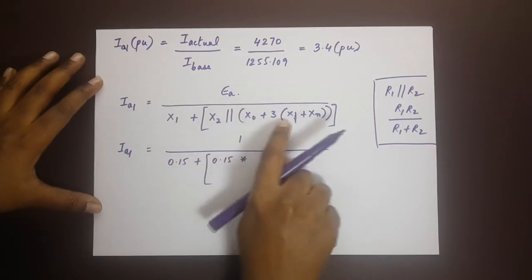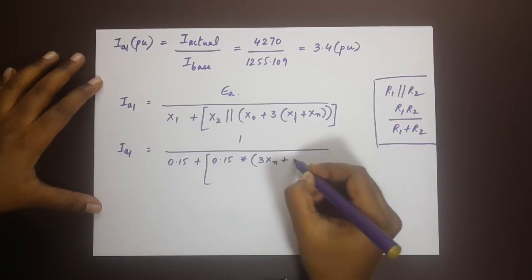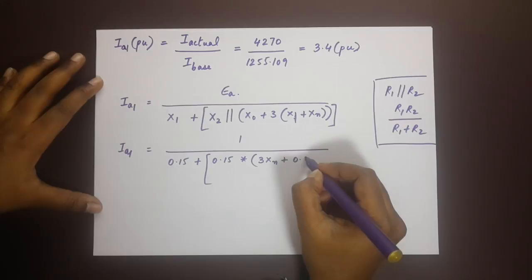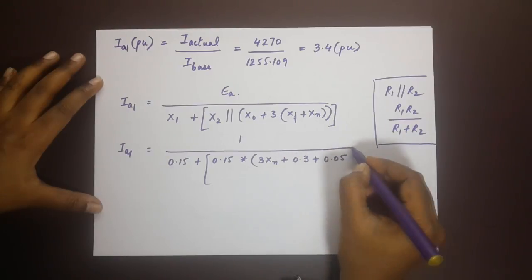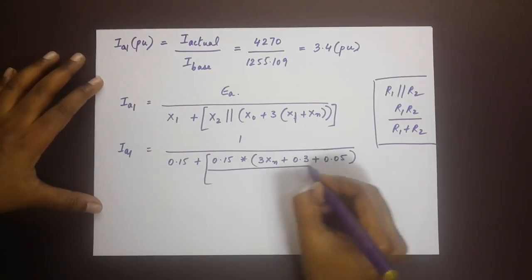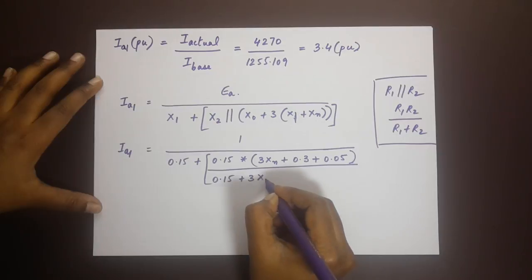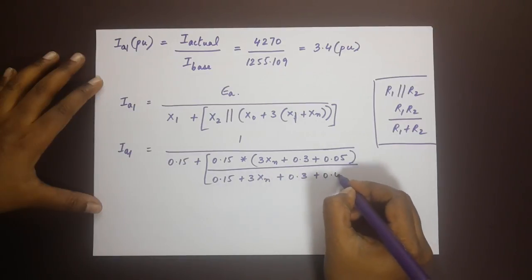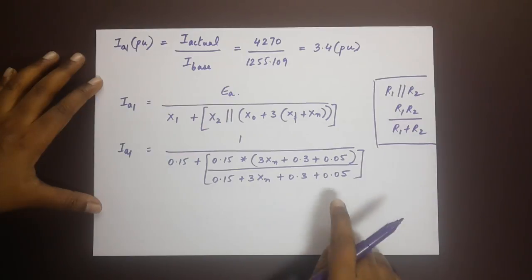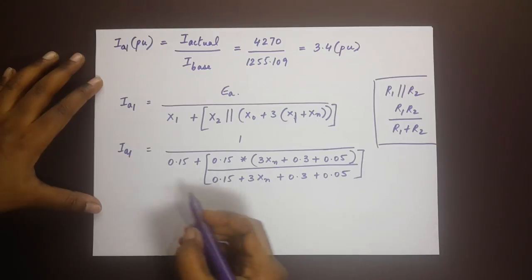Please be very careful because the terms are quite large. So that's 3Xn plus 0.3 plus 0.05, divided by 0.15 plus 3Xn plus 0.3 plus 0.05. Now I have expanded and substituted the values as well.